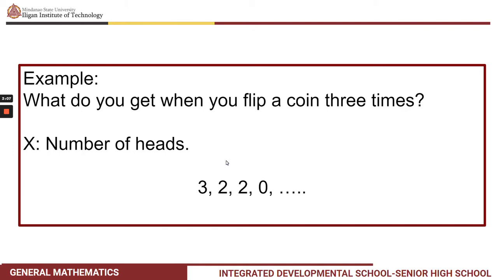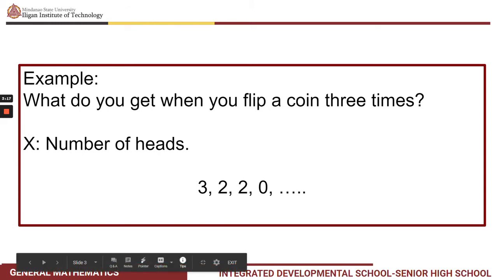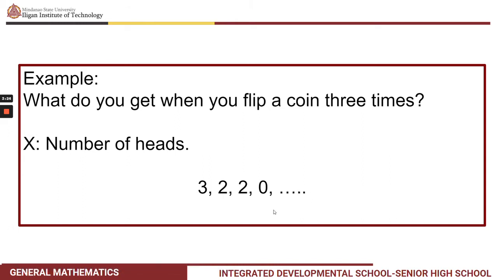Say, for example, sa first trial, you got so lucky and for the 3 consecutive tosses or flips, you got 3 consecutive heads, no? So, mayroon kang 3 dito. And then sa next, you got 2, and then 2, and then 0, and maybe 1, etc. So, basically, your random variable is different, no, for every trial. It might be different for every trial.